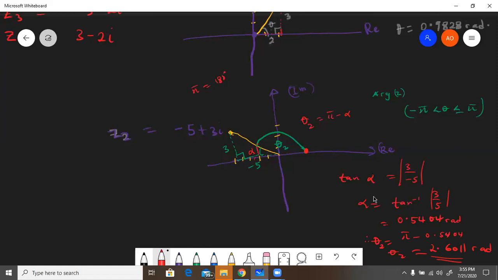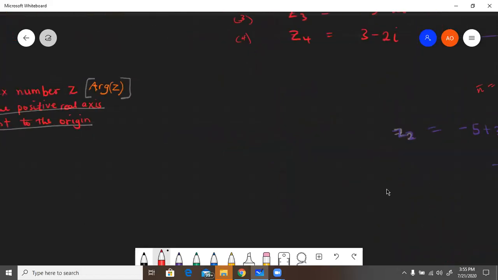We take tan inverse of alpha and it gives us 0.5404 radian. We subtract this from pi, that is 180 degrees in radians, and we got 2.6011 rad. That is the second question. Now, let's go to the third question.